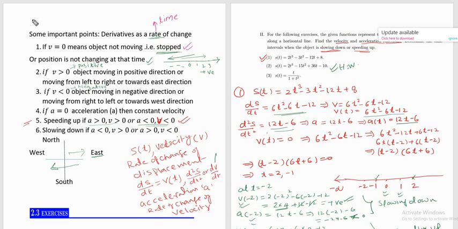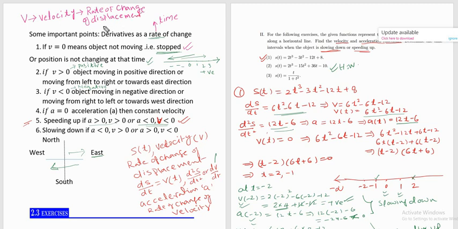Remember that v is velocity, and the definition of velocity is the rate of change of displacement.